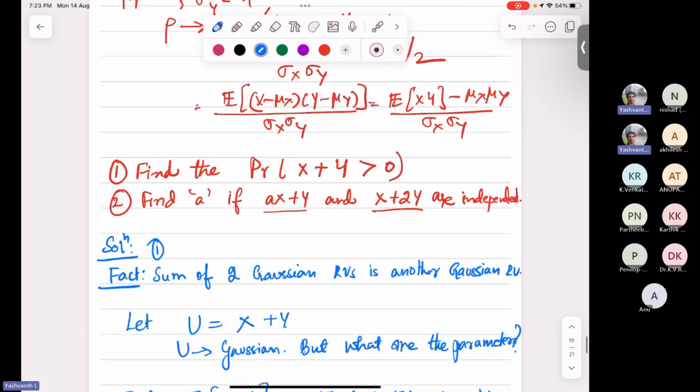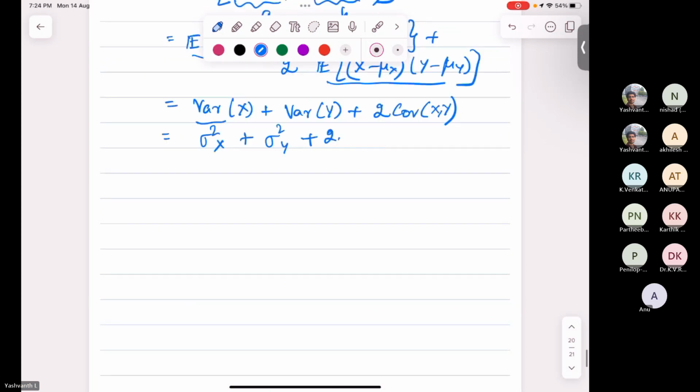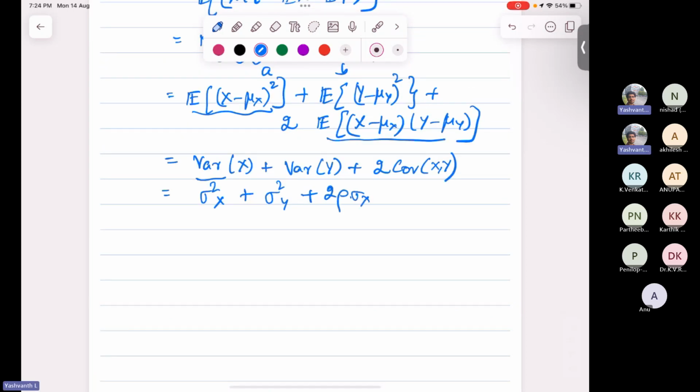Go back to the definition of correlation coefficient: rho equals covariance of xy divided by sigma x sigma y, so covariance of xy is rho into sigma x sigma y. Now we know all these quantities. Sigma square u is 1 plus 4 plus 2 into 1 into 2 into minus half. Sigma square x is 1, so sigma x is 1. Sigma square y is 4, so sigma y is 2. The 2s cancel, so this turns out to be 3.